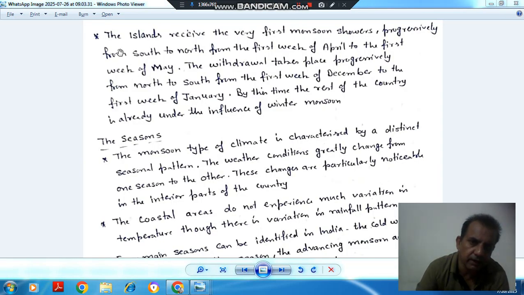Next are the islands. The islands receive the very first monsoon showers progressively from south to north from the first week of April to the first week of May. The withdrawal takes place progressively from north to south from the first week of December to the first week of January.